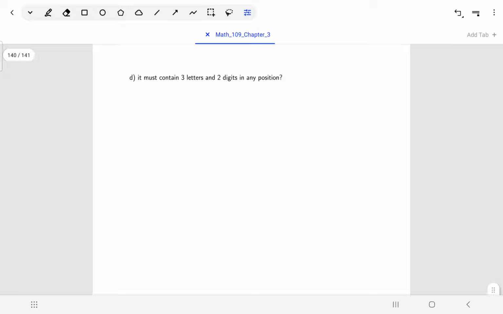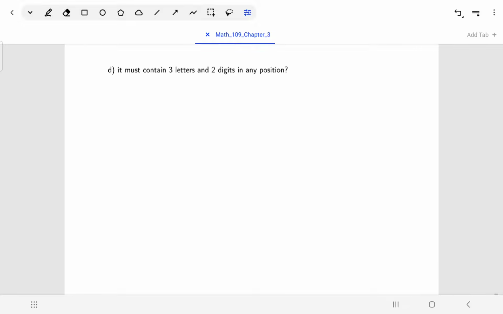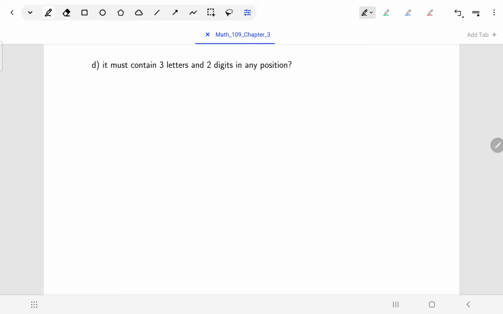Okay, so has to begin with 3 letters followed by 2 digits. What if it has to contain 3 letters and 2 digits in any order? So now those 5 things could be wherever. So for this, now there's new questions that we might need to ask ourselves. I've got 5 positions that need to be filled, and I know that 3 of them are going to be letters and 2 of them are going to be digits.